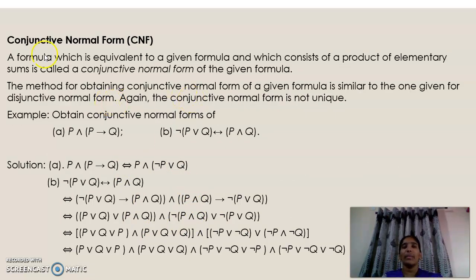And conjunctive normal form is the same as DNF, but with a product of elementary sums. The 3 steps are the same as in DNF, but in the last step you apply the distributive law until you reach a product of elementary sums. Here I will explain the first formula, P and (P conditional Q). In the given one we have the conditional, so we remove it using negation P or Q. So is it in the form of a product of sums or not?